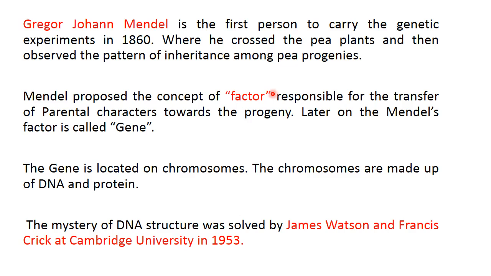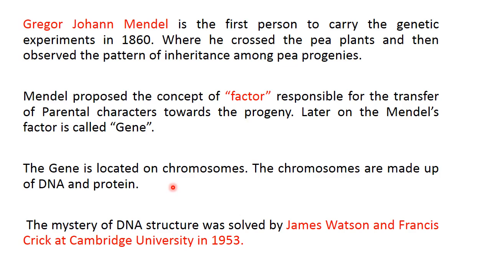At that time he proposed the concept of factors, that these factors are responsible for the inheritance of characters from parents to their offspring. Later on these factors were called genes, and the gene is a part of the structure of the chromosome.